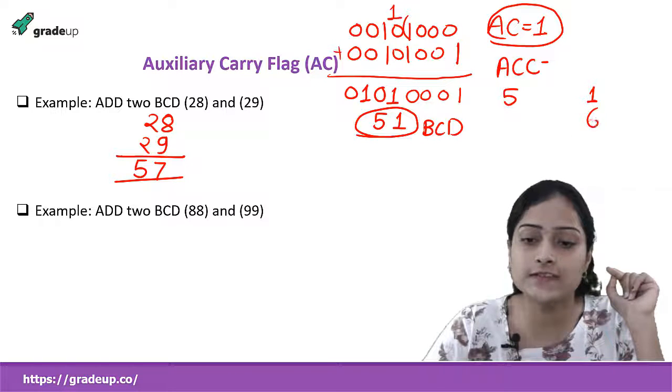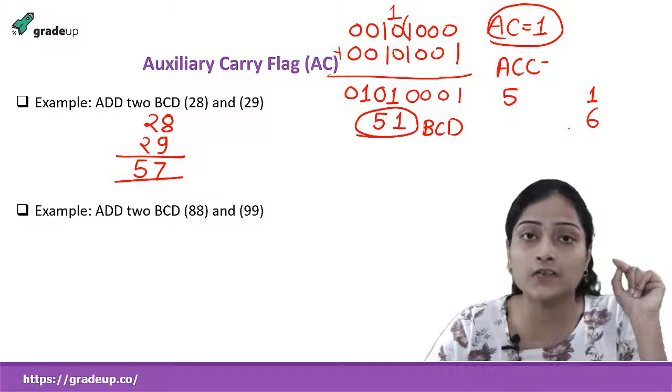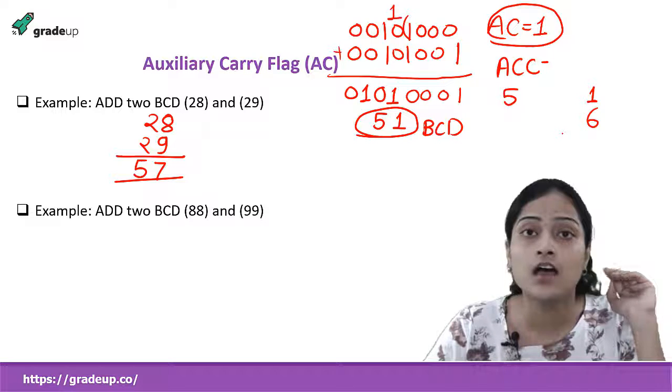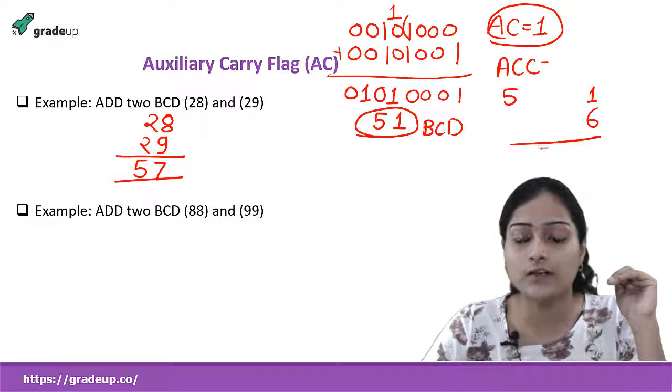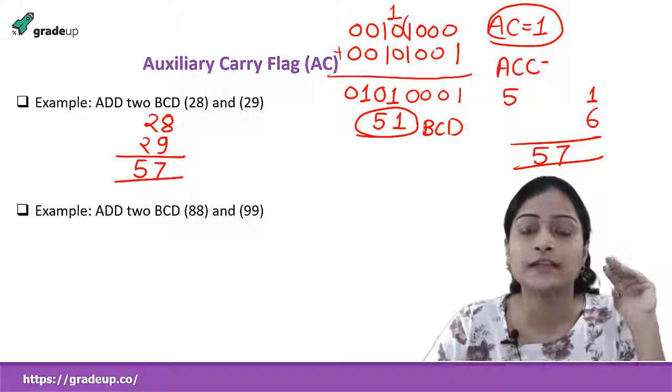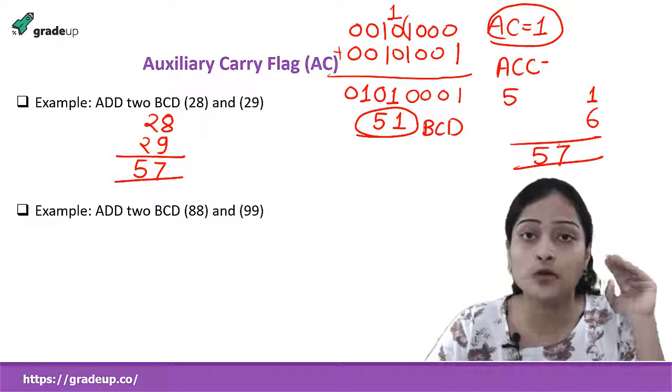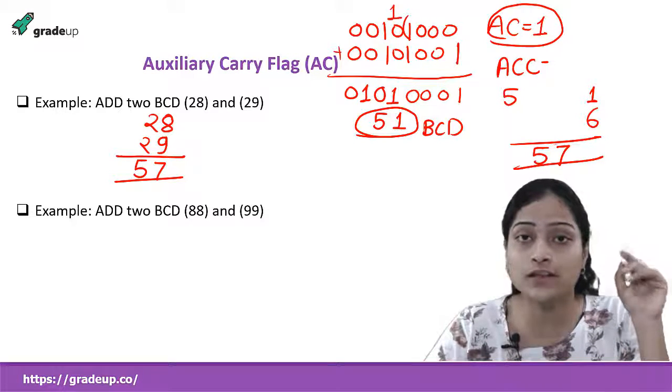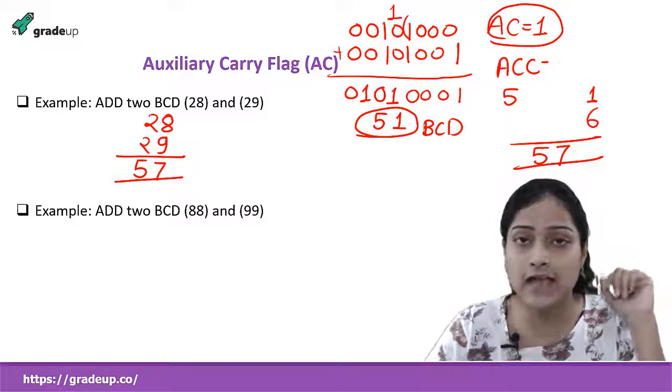So addition of 6 will be carried out over here for converting it into the valid BCD. So it will become 57. In this manner, your PSW, program status word, and your accumulator are going to deal with BCD arithmetic.